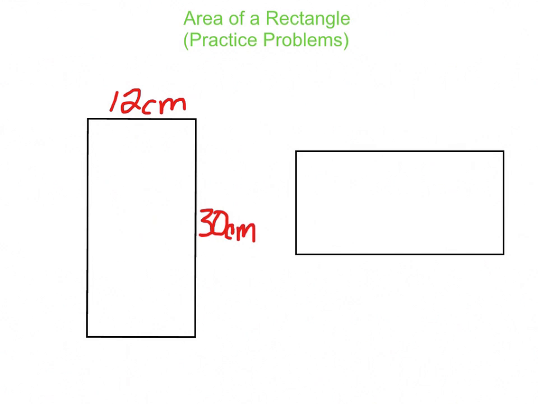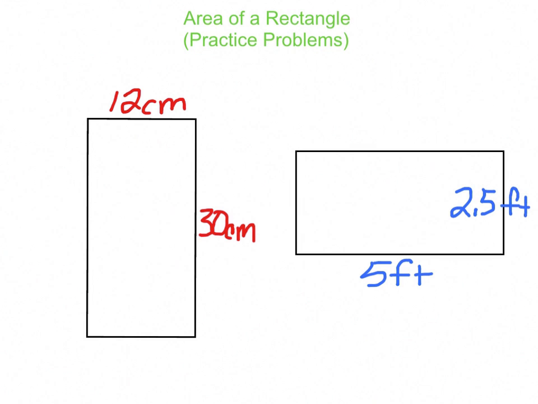So you can go ahead and solve that one. And while you're solving that, your other rectangle that I'm going to have you work with, let's say that this base was 5 feet. And the height for this, we're going to call 2.5 feet.